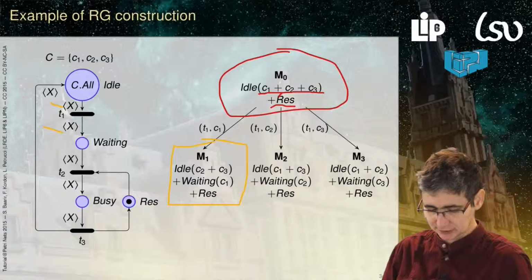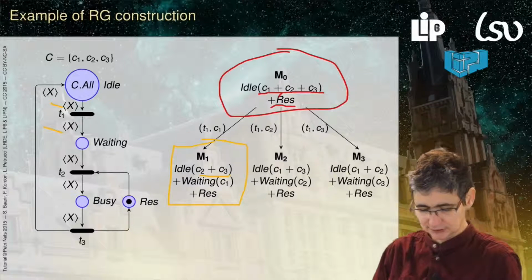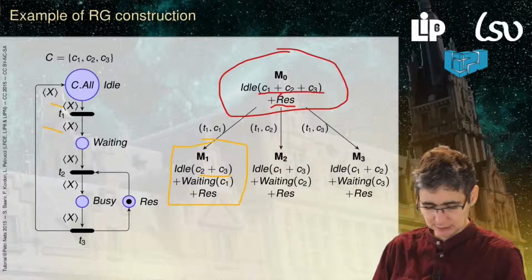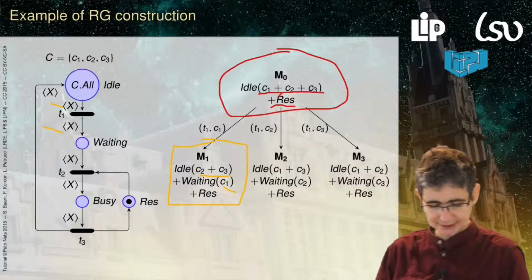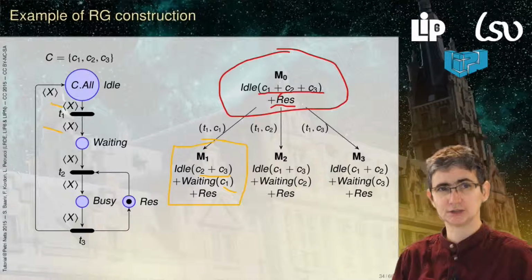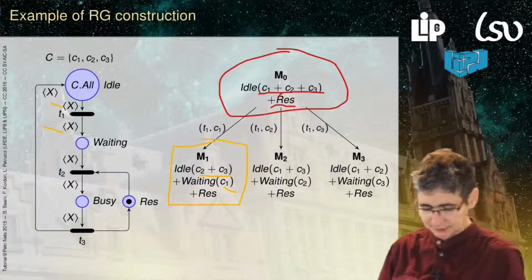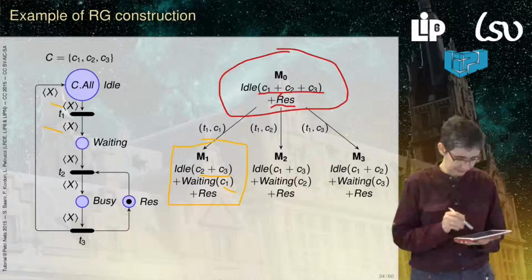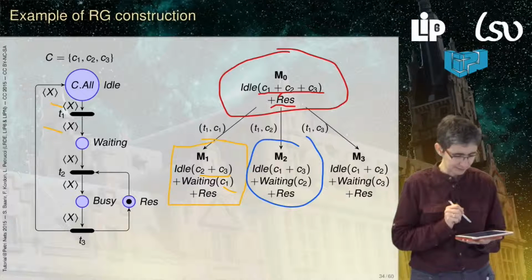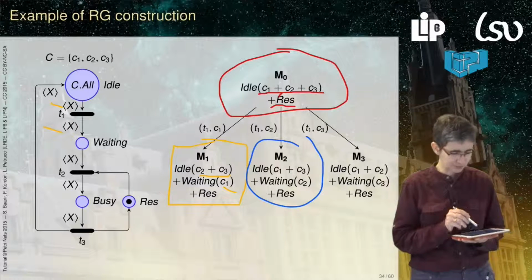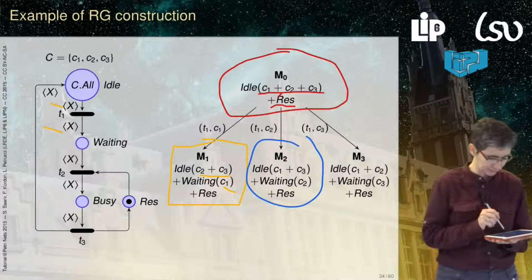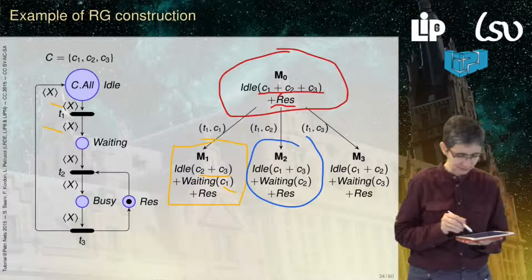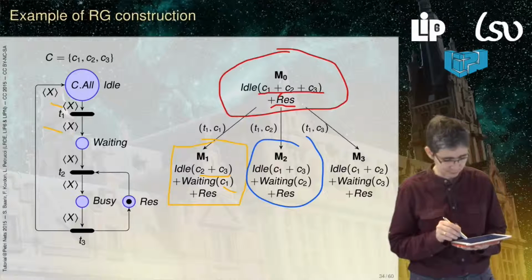You can see that idle now contains only C2 and C3, while waiting contains C1 and the resource has not been changed. The same applies to the other two markings, with M2 obtained by firing T1 with color C2, and the last one, M3, obtained by firing T1 with color C3.